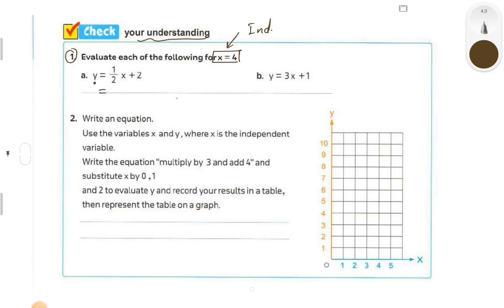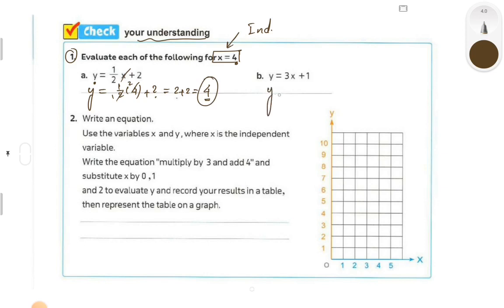So y equals half x plus 2, x equals 4. Delete x and put 4: half of 4 plus 2. Half of 4 is 4 over 2, which equals 2. Then 2 plus 2 equals 4. So the value of the equation when x equals 4 is 4.